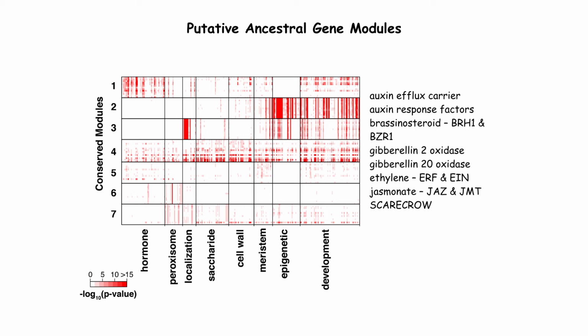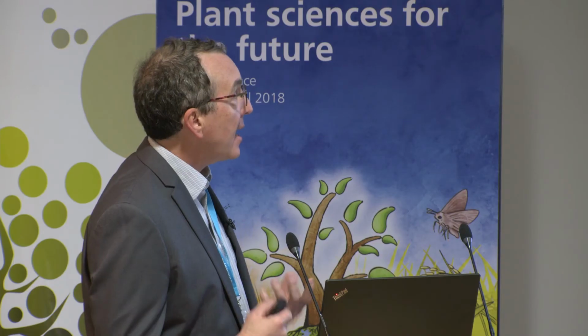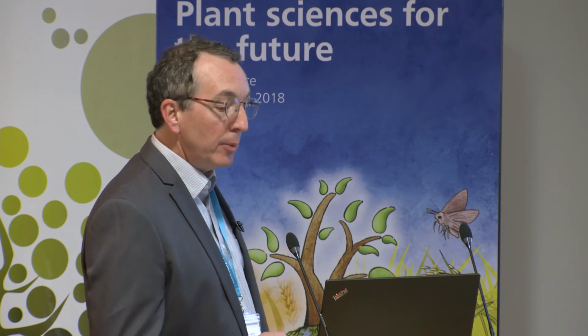These hormones have all been implicated in various aspects of secondary growth and wood formation previously. So now with this sort of data set, we can really begin to ask fundamental questions about these different classes of genes that should be relatively conserved across a very broad group of angiosperm trees.